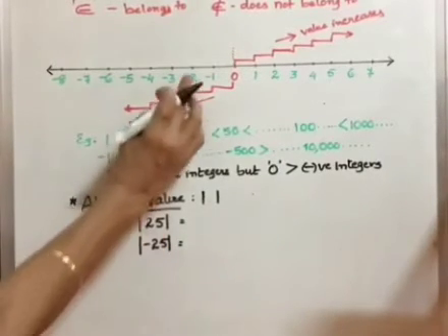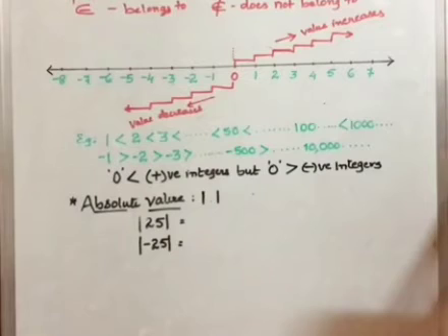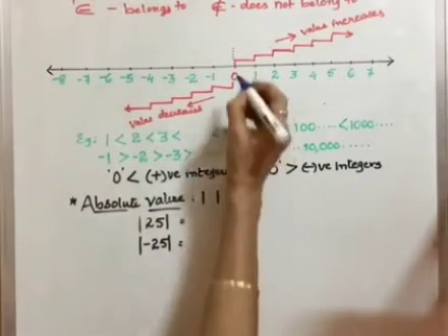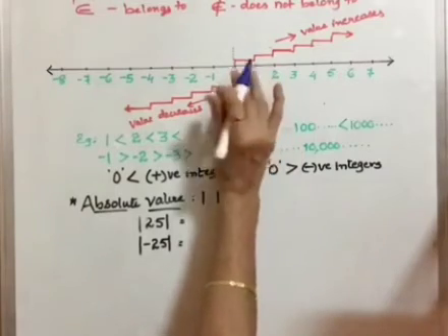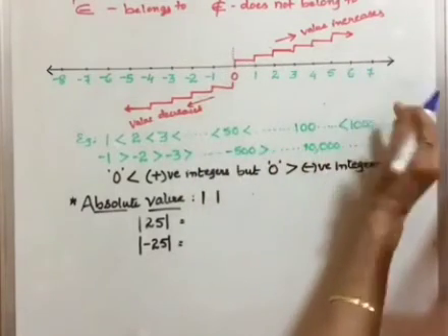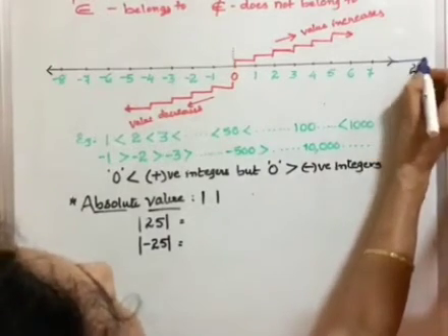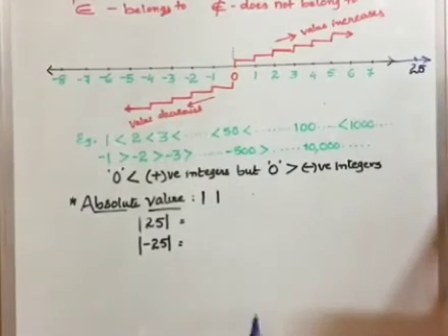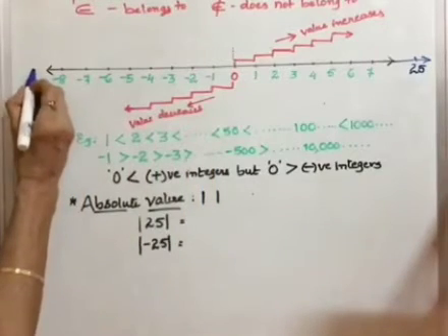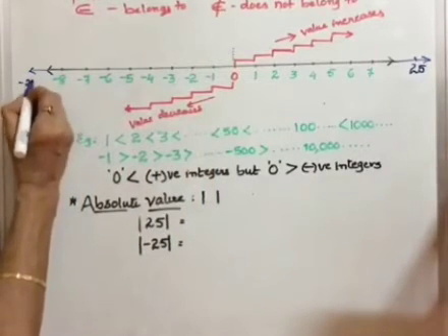Now look at this number line. On the number line, if I have to understand the absolute value of 25, what I do is, starting from 0, I move towards the right, after 7, 8, 9, 10, and so on, you reach 25. Clear? On the left hand side also, you reach -25.